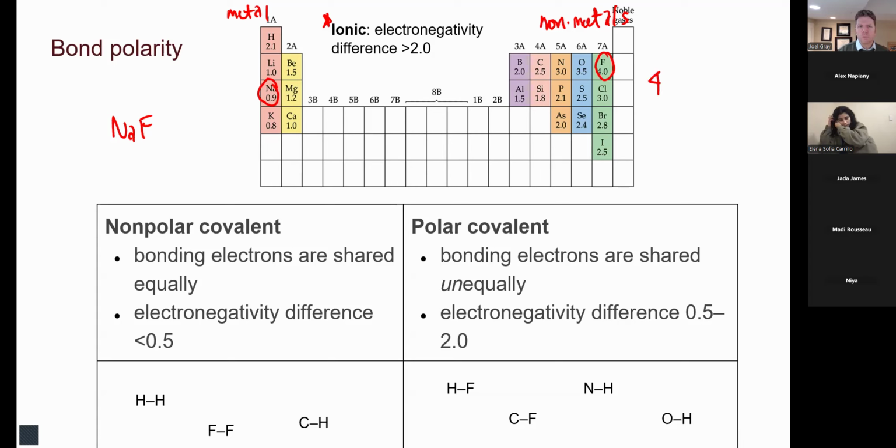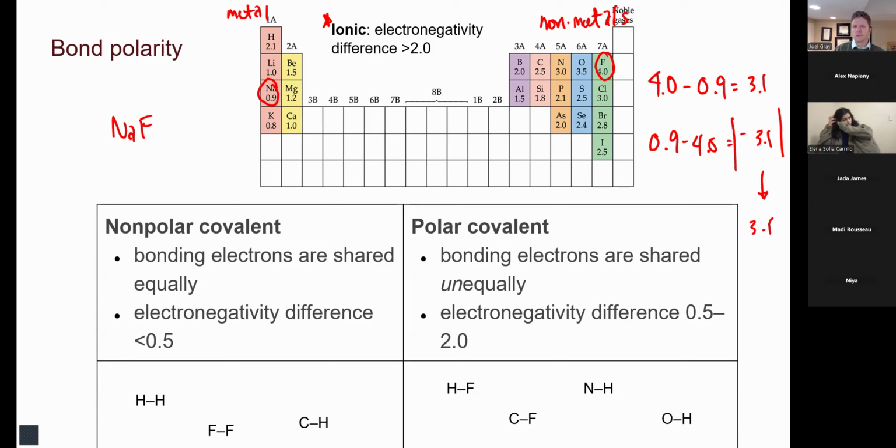So you could say 4.0 minus 0.9, and that's going to be 3.1. You could also do 0.9 minus 4.0 and come up with negative 3.1. Well, it's an absolute value, so we'd put these uprights around that negative 3.1, and that would give us a difference of 3.1.